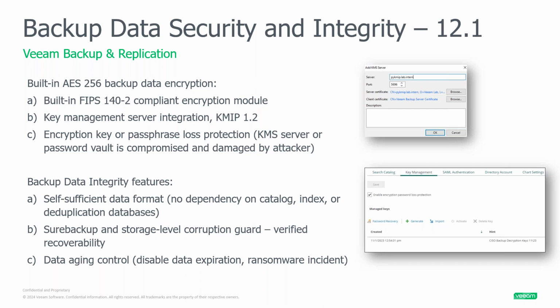And of course, there is aging control that is set on those backups as well. For example, any malware or ransomware will not be able to disable data expiration or, through a ransomware deletion exercise, delete your backup from your backup repository. So there are multitudes of enhancements that we've done in 12.1.